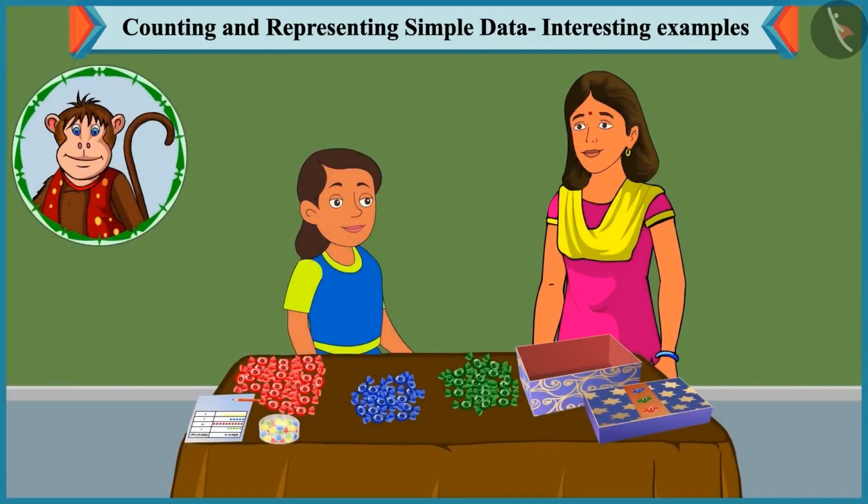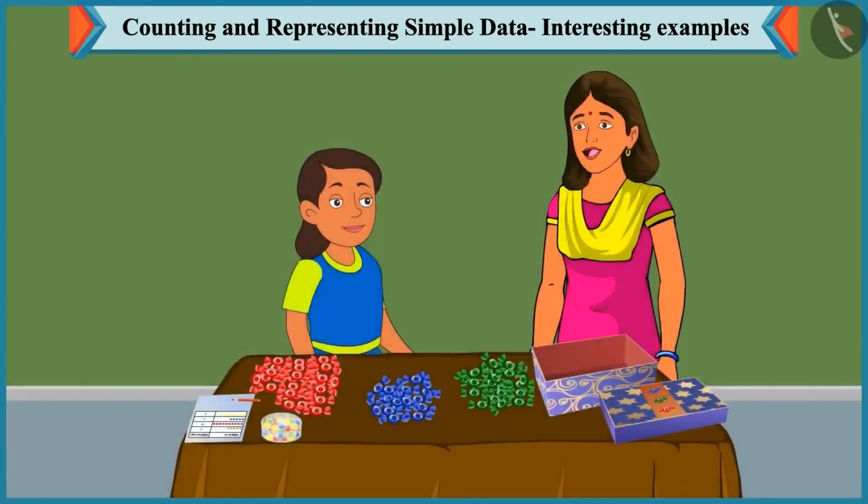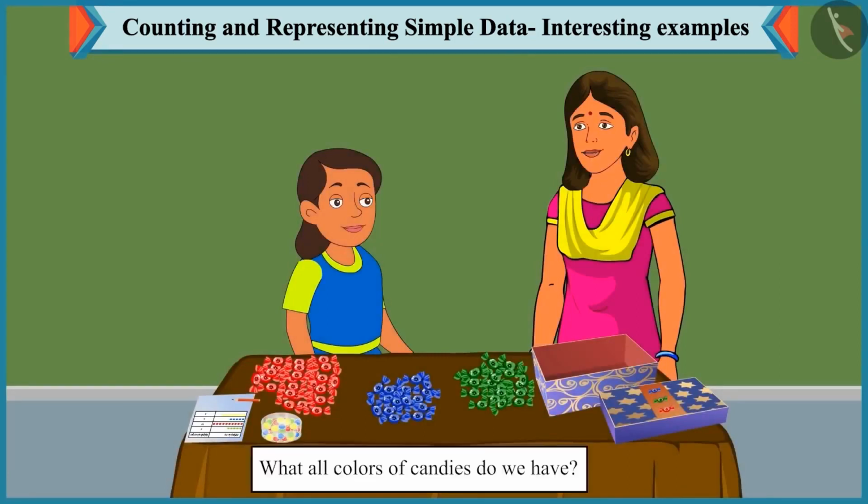Friends, Bubbly grouped all the candies by looking at their color. Now she is counting the number of candies in each group. Oh wow, Bubbly. Come on, now tell me what all colors of candies do we have?